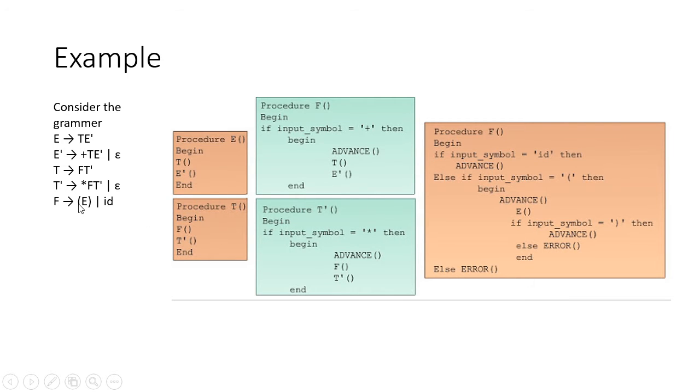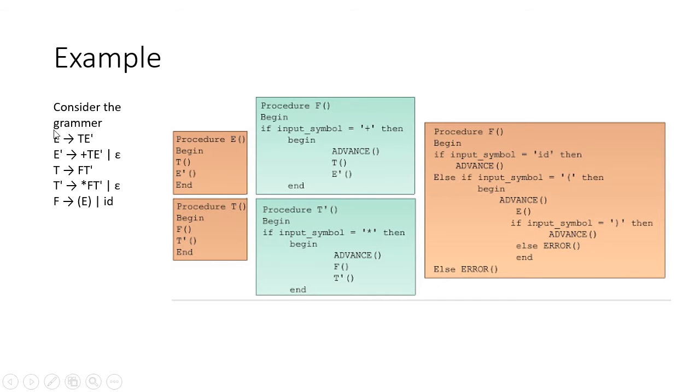Repeat the same process for F. If the input symbol is an ID, then advance forward. Otherwise, if the input symbol is an open bracket, advance forward, then go for E, then for the closing bracket. If the input symbol is a closing bracket, then advance forward. Otherwise, if it's something else, there will be an error.